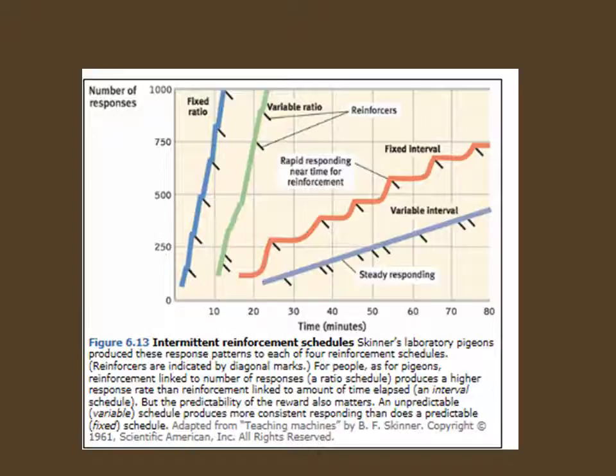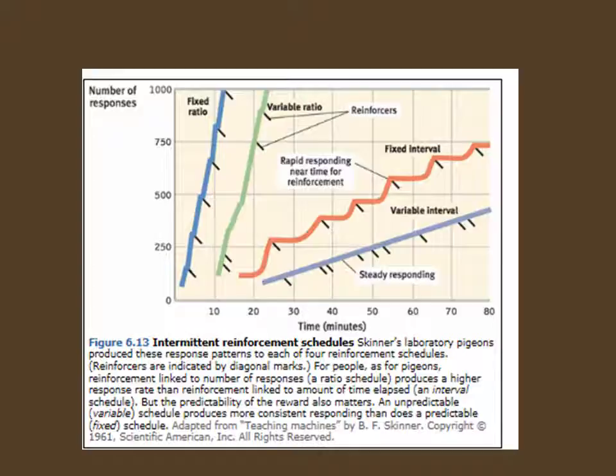Intermittent reinforcing schedule. Skinner's laboratory pigeons produced these response patterns to each of the 4 reinforcement schedules. Reinforcements are indicated by diagonal marks. For people, as for pigeons, reinforcements linked to the number of responses, or ratio schedule, produce a higher response rate than reinforcements linked to the time elapsed, or interval schedule.